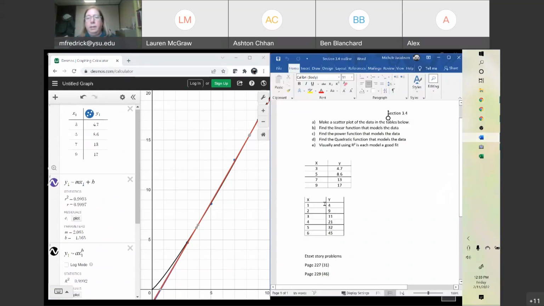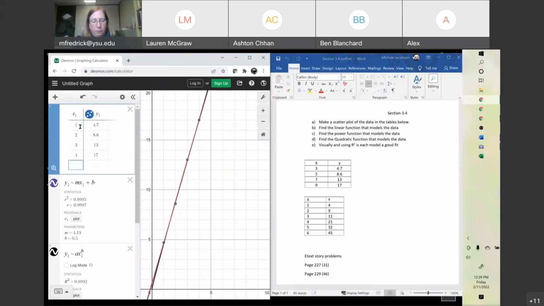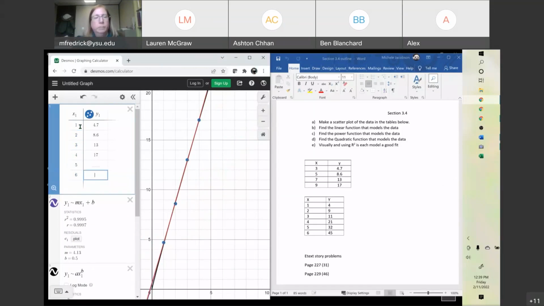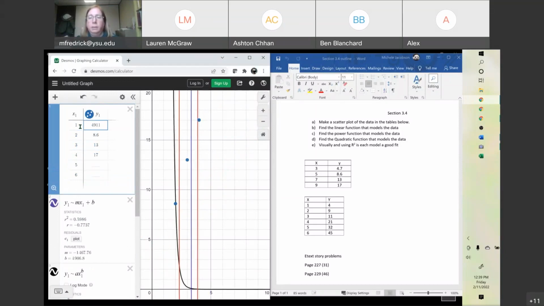Let's try the second table. So our x's are 1 through 6. 1, 2, 3, 4, 5, 6. And then 4, 9, 11, 21, 32, and 45.